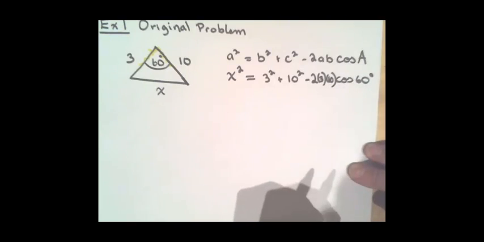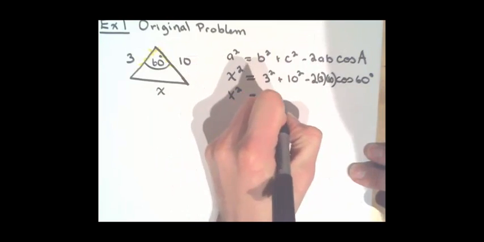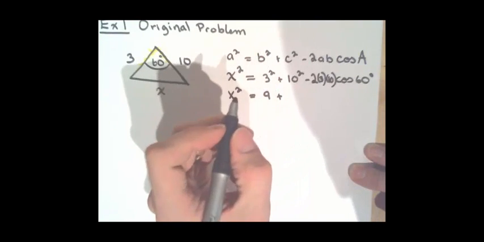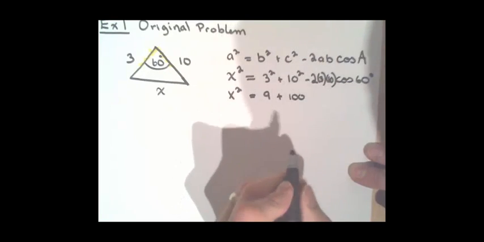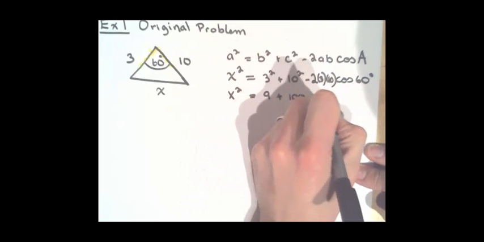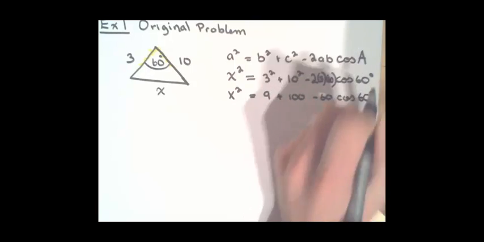Now you need to do the math. So here we go. X squared equals 9 plus 100. Then minus 2 times 3 times 10. So that's minus 60 times the cosine of 60 degrees.